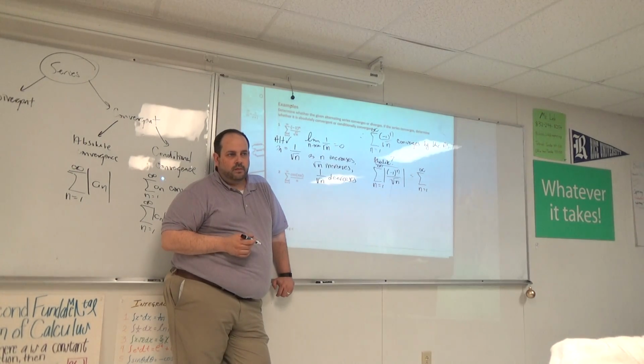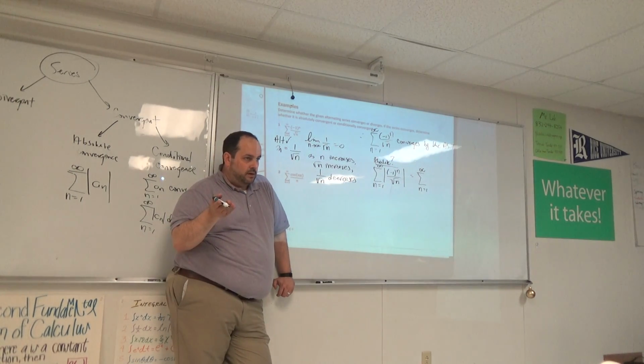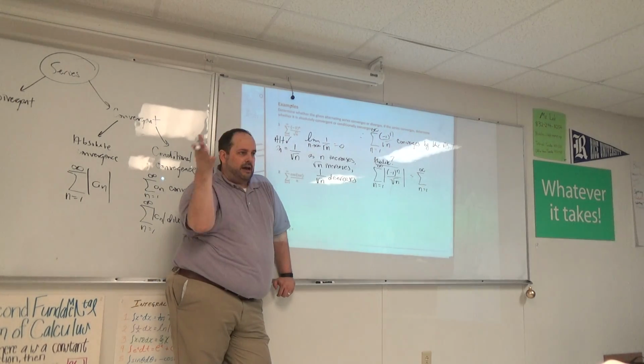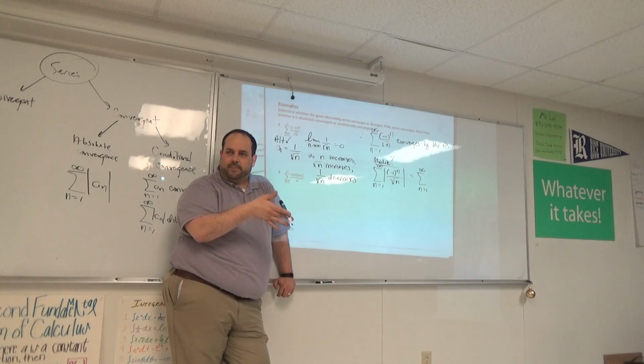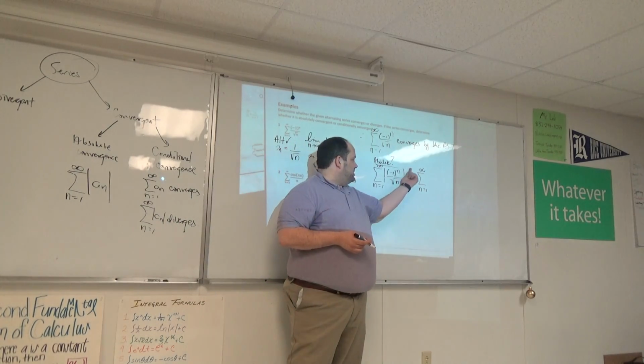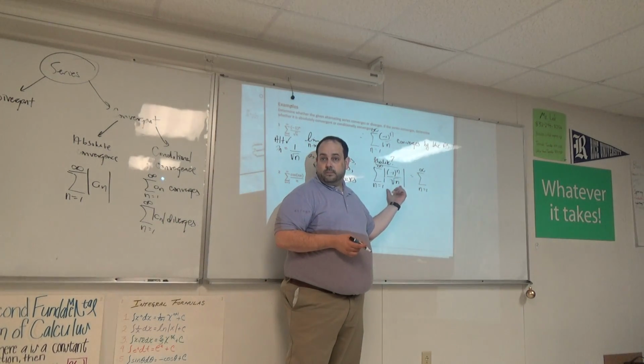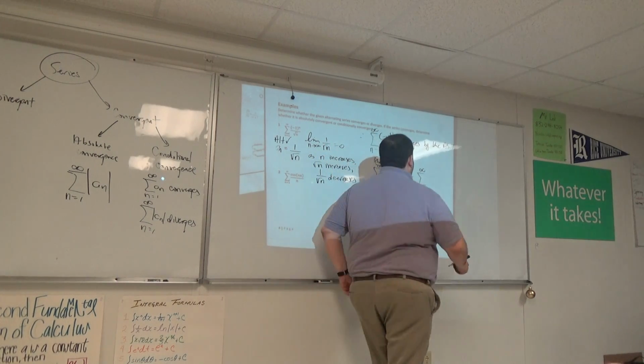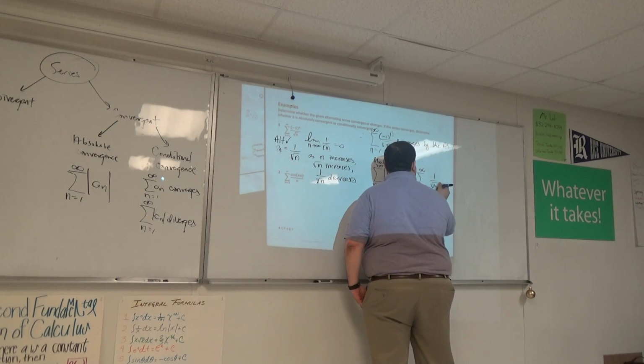Doesn't it just change the sign? If you had negatives, you now have positives. If you had positives, you still have positives. So the absolute value of -1 to the n over the square root of n is just 1 over the square root of n.